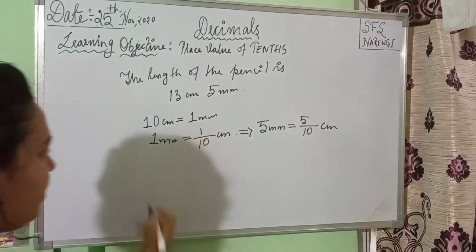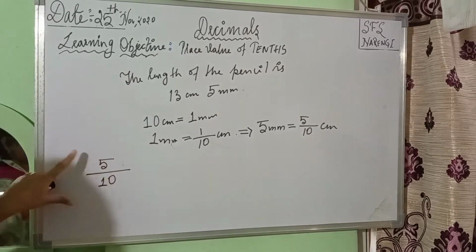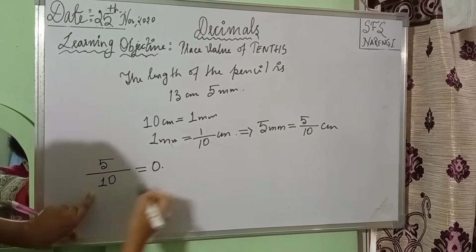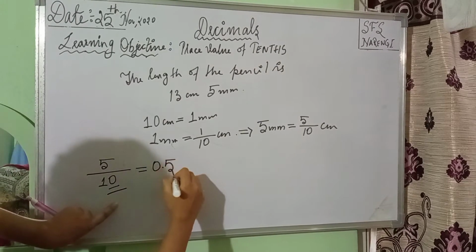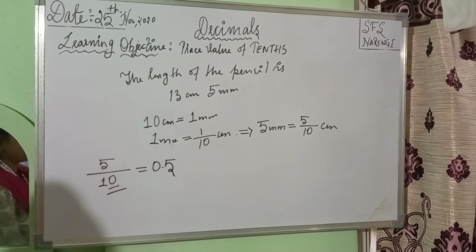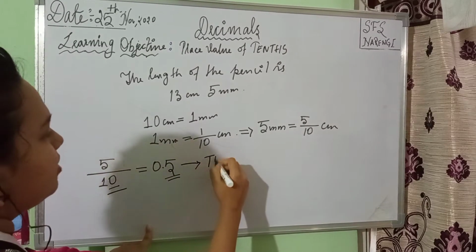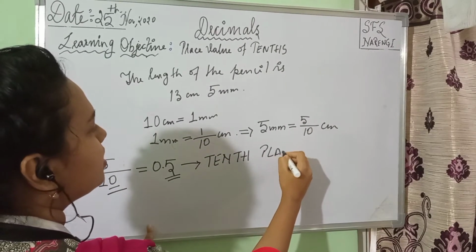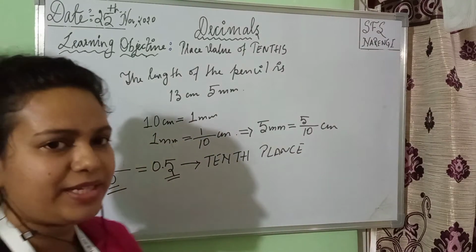Now children, any number divided by 10, suppose I have 5 divided by 10, can be written as 0.5, since there is one 0 here. This place is called your tenths place. We have all learned what place value is, right?